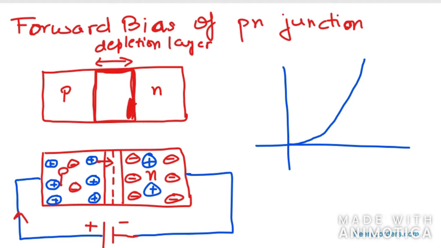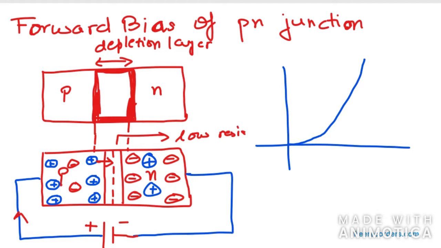This is the normal PN junction without any external battery. But as soon as we provide an external battery, they form a low resistance path. As you can see, the depletion layer has decreased very well. If the depletion layer has decreased, that means current can flow through this circuit. Hence, it is known as a low resistance path.